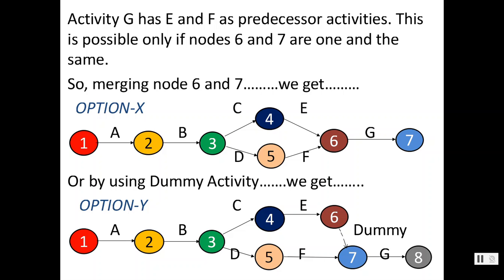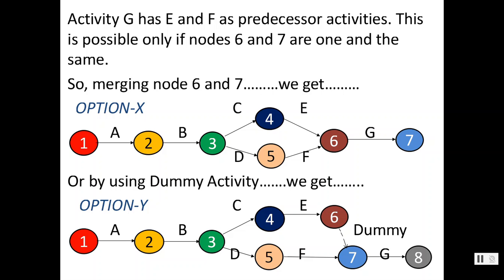Because G is the common successor of E and F, the E and F activities are merged at node 6, at event 6. From there, 6, 7 or G exists. G is the last activity. G is a common successor of E and F, or E and F together are the immediate predecessor of G. If we don't do this, then there is use of a dummy.